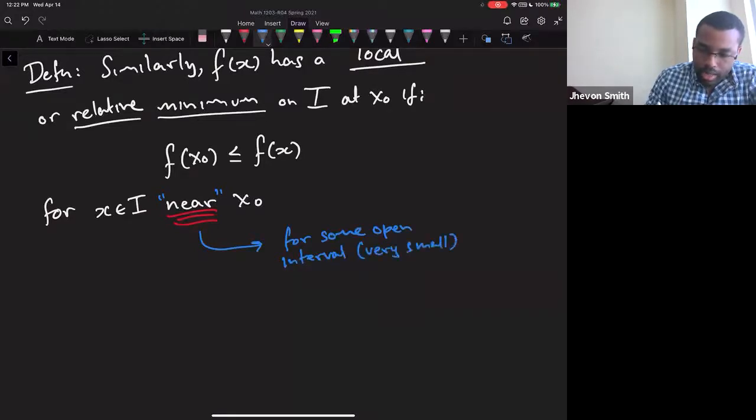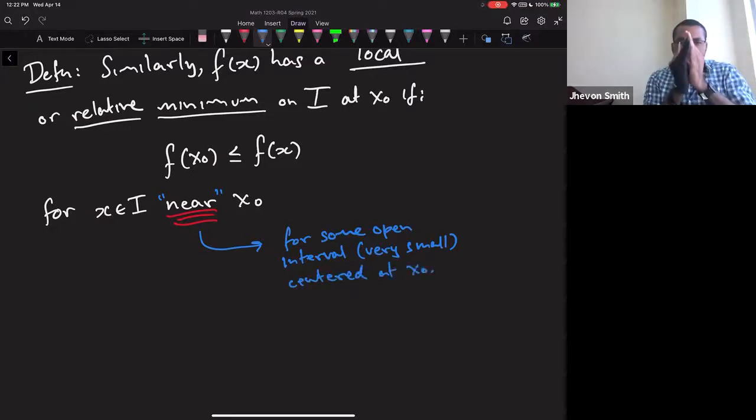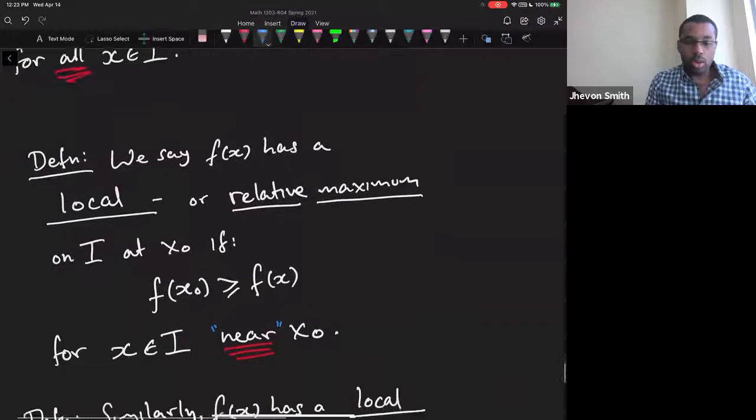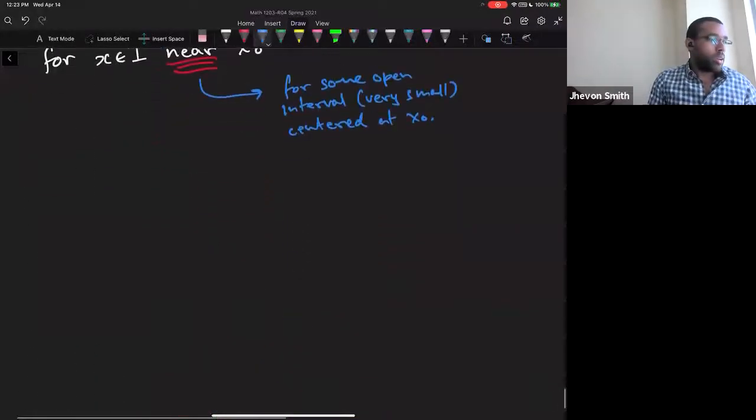Again, sort of vague, but we'll get the intuition next class. Very small, centered at x naught. So you go to x naught, open up a small window, and then you check in that small little neighborhood, is this guy the biggest or the smallest? And if so, we call it a local max or min.